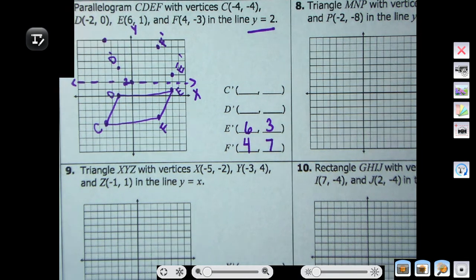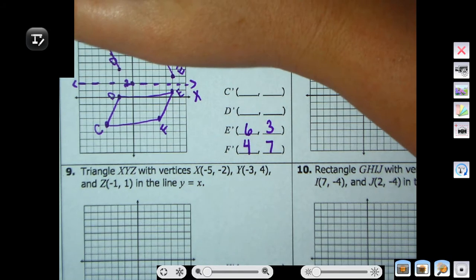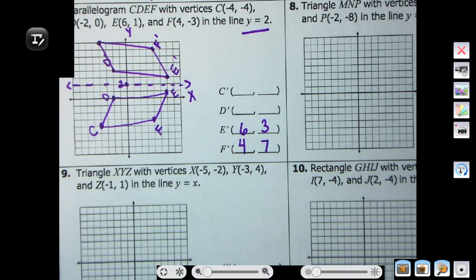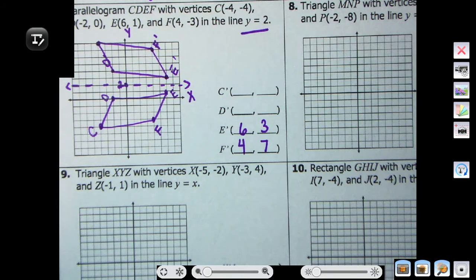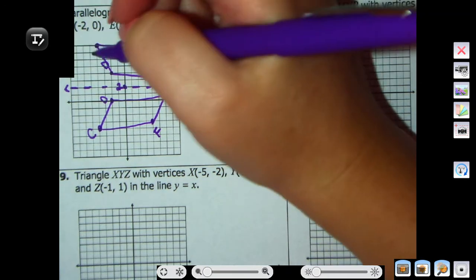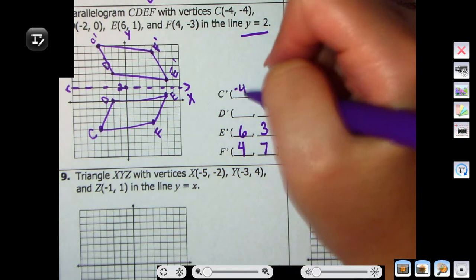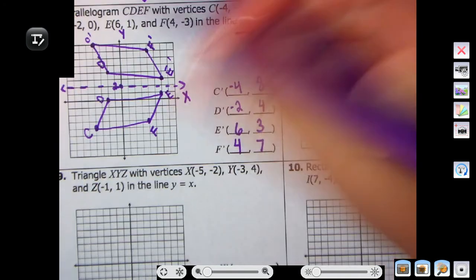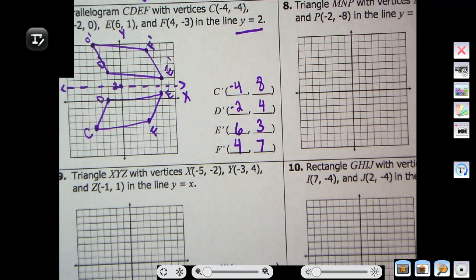All right. Let's connect. So you can see the reflection. Looks good. If you imagine folding this paper in half, they should line up perfectly. And then my points for those are going to be for C prime up here, negative 4, 8, and negative 2, 4 for D. And there you go.